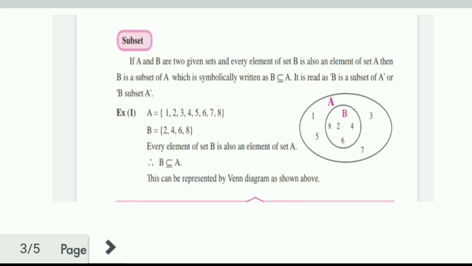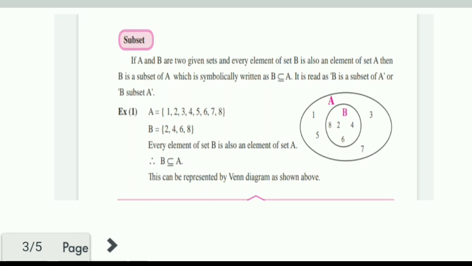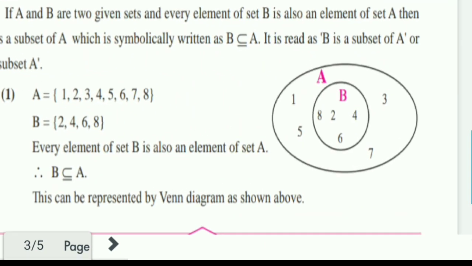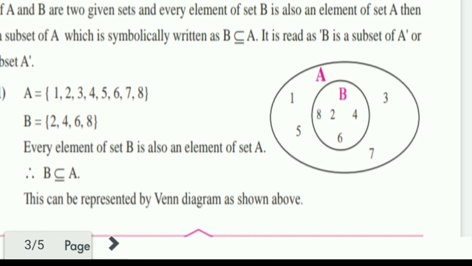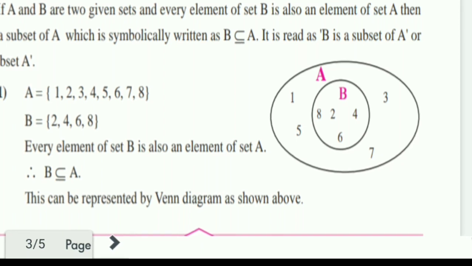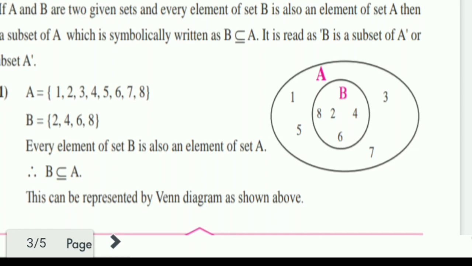A is the first oval, and B is another circle or another set. So we can see that 2, 4, 6, 8 are the elements of set B which are enclosed within set A. Okay guys, very easy it is.